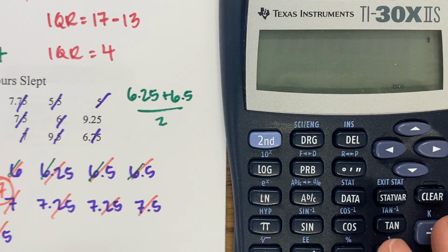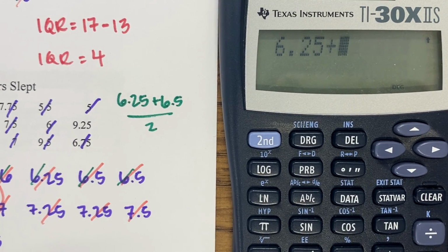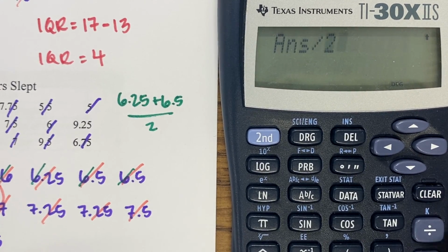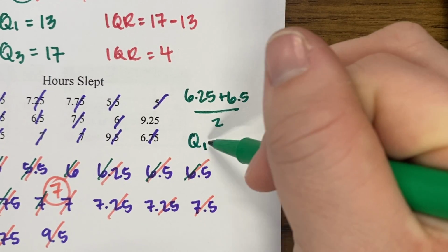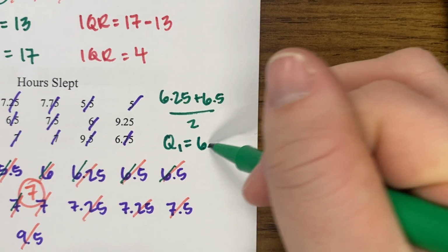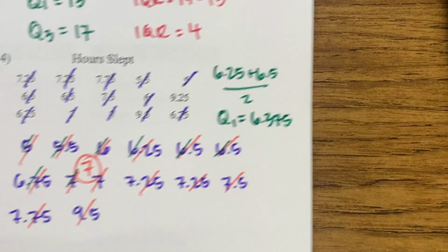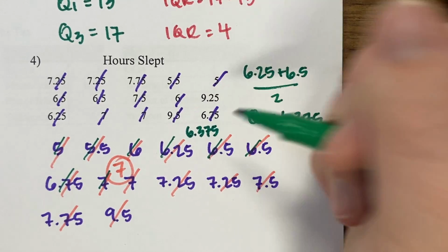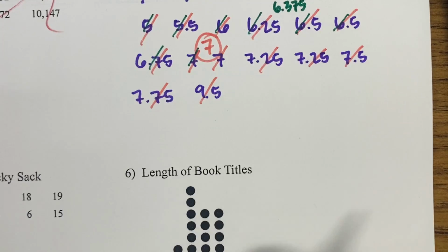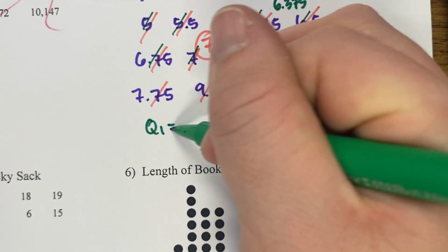So 6.25 plus 6.5, divided by 2. Our Q1 is going to be 6.375, because that would be right in between there. So that is our lower quartile.